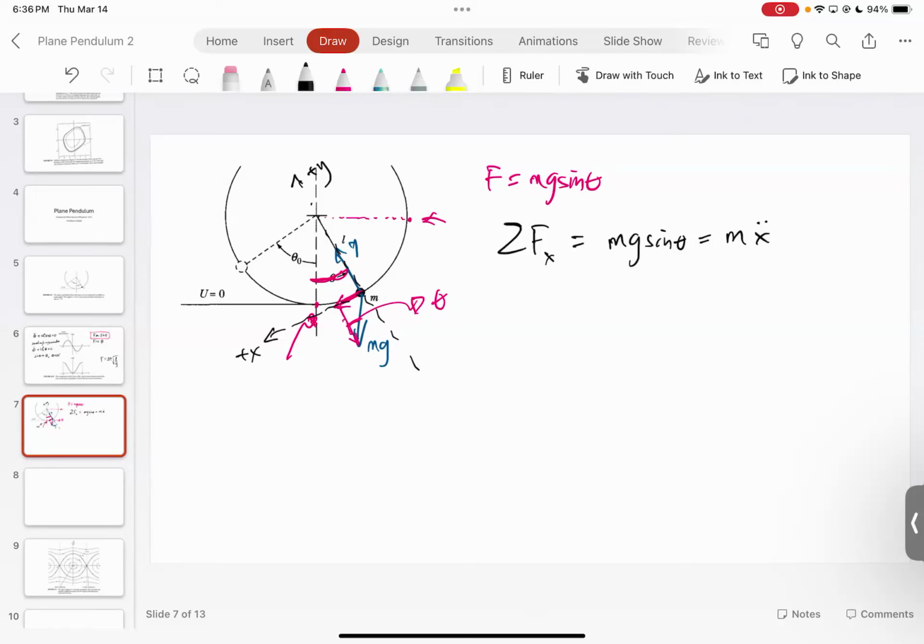Theta is angular, di ba? We use theta when we describe angular motion, and x we use when we describe linear motion. So, how do we relate linear to angular? Naalala nyo ba?